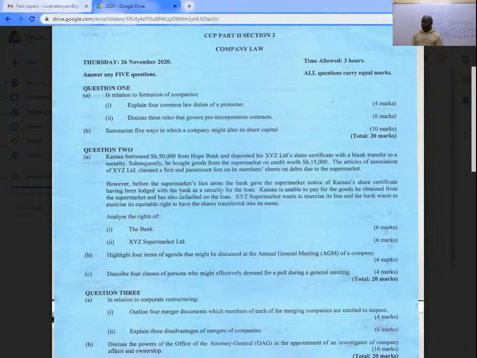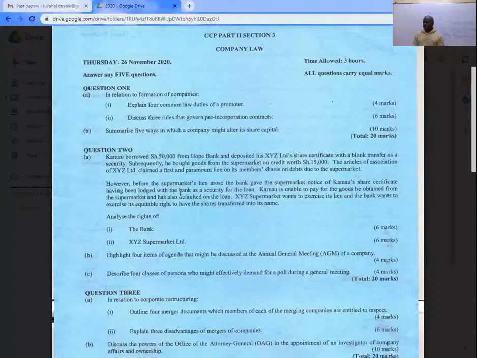However, before the supermarket's lien arose, the bank gave the supermarket notice of Kamau's share certificate having been lodged with the bank as security for the loan. Kamau is unable to pay for the goods he obtained and has also defaulted on the loan. XYZ Supermarket wants to exercise its lien and the bank wants to exercise its equitable right to have the shares transferred into its name.